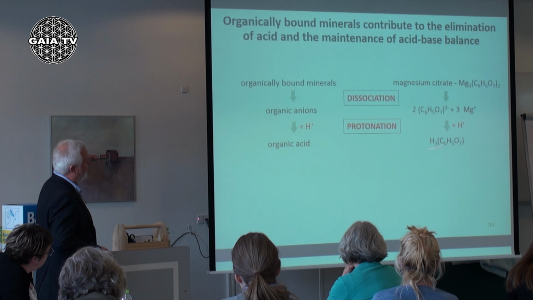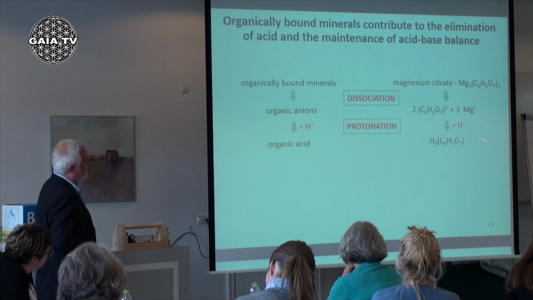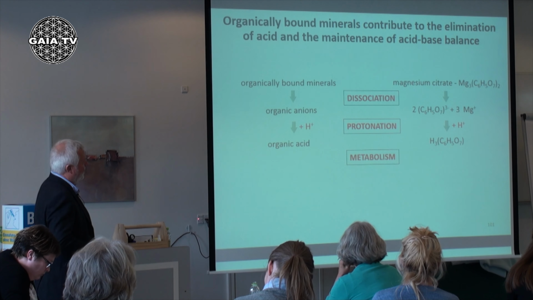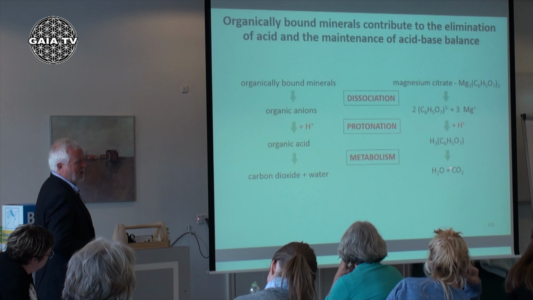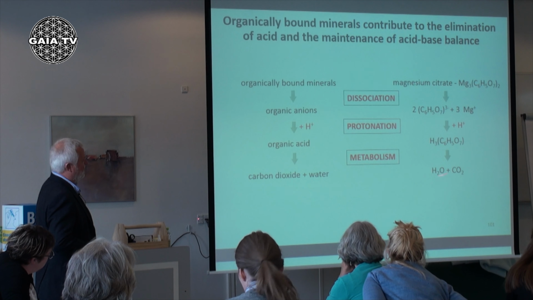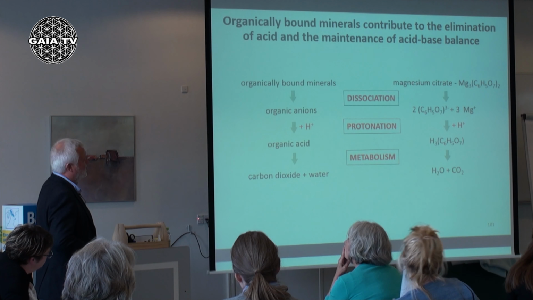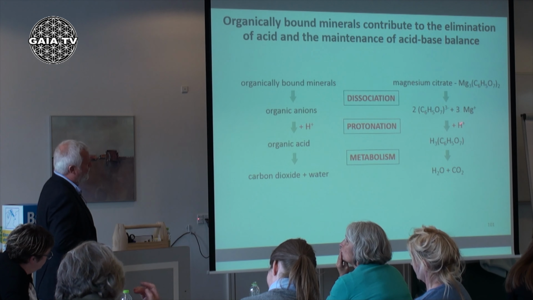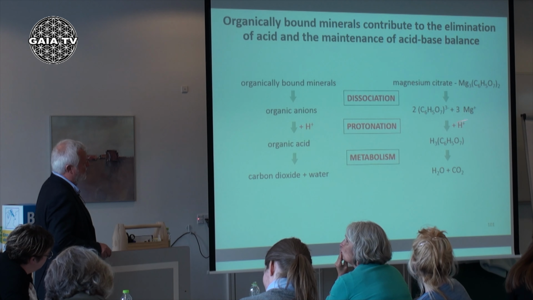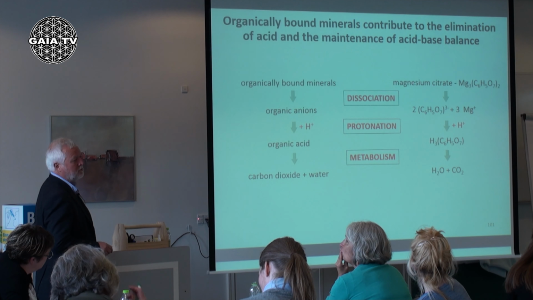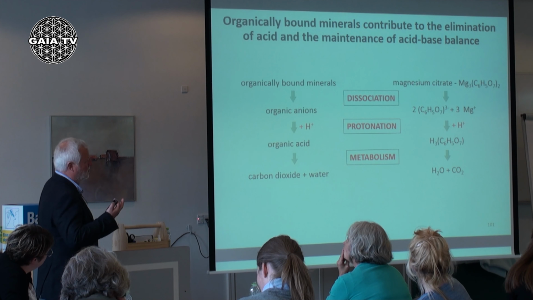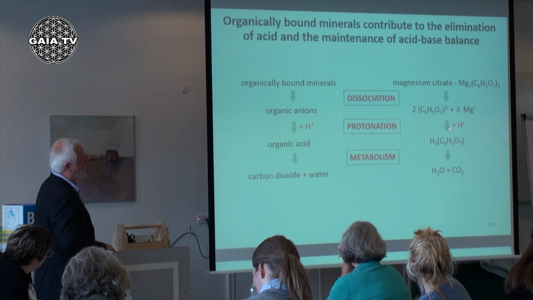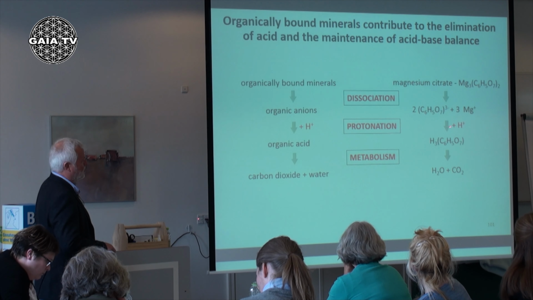And then you have citric acid, and the citric acid can be easily metabolized, mainly in our liver. So the point is, we get rid of acid from our body without using the kidney. We do not need to excrete these protons.